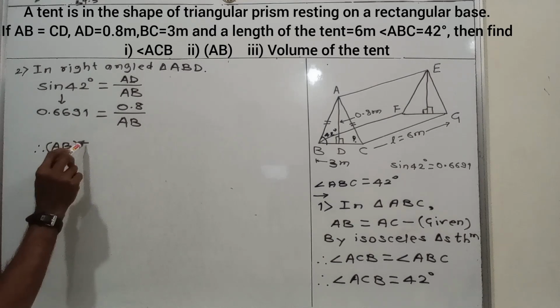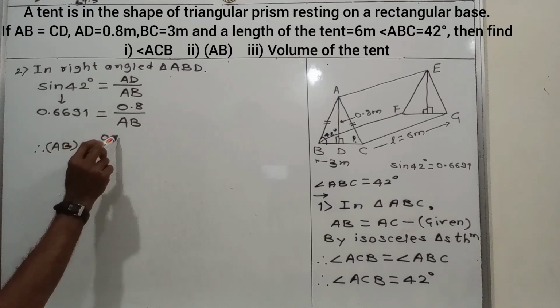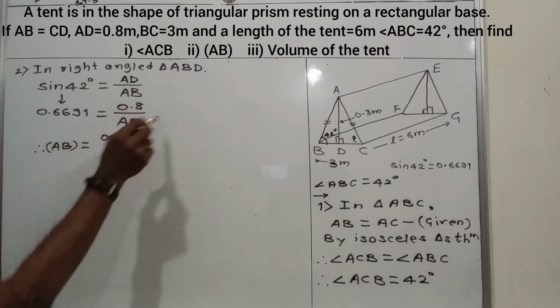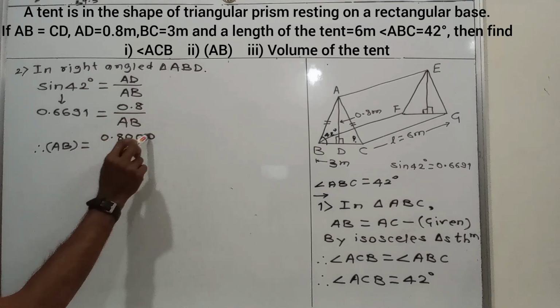Therefore, AB is equal to 0.8 upon 0.6691. Now we put 3 zeros here.